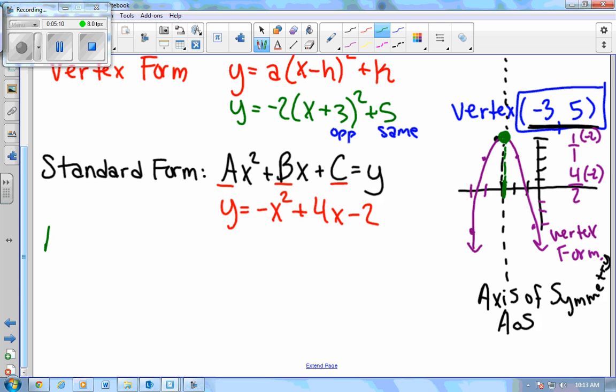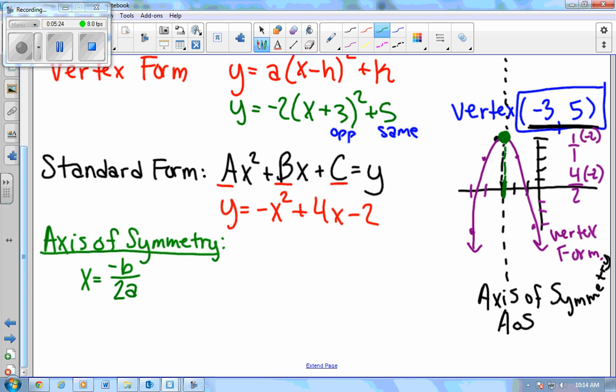To find the axis of symmetry, we have a nice little formula. It's x equals negative b over 2a.